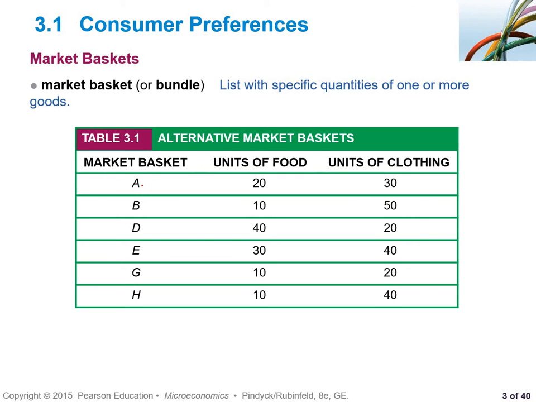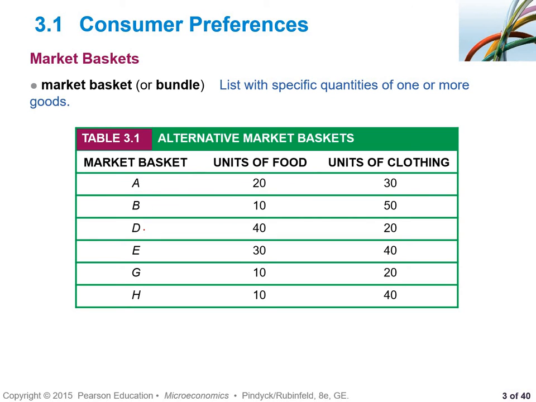So if you want to compare between A and B, in A he is getting 20 units of food and 30 units of clothing. In B he is getting 10 units of food. Yes, the number of units of food is less in market basket B, but there are 20 more units of clothing. So the consumer may be choosing A or maybe he will be choosing B. He may be indifferent between choosing these two.